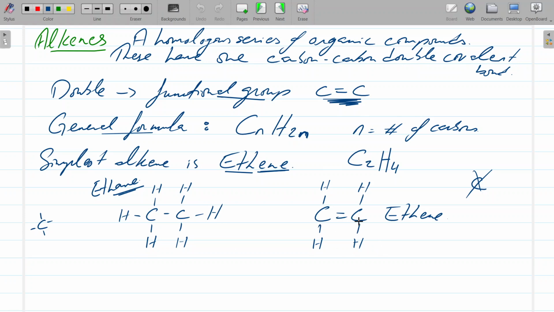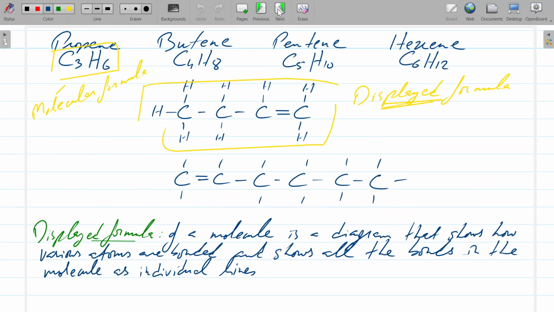And so that's what ethene looks like as compared to ethane, which is an alkane which has all single bonds. Because it has a carbon-carbon double bond, it is an unsaturated molecule. We talked about the others in the series.